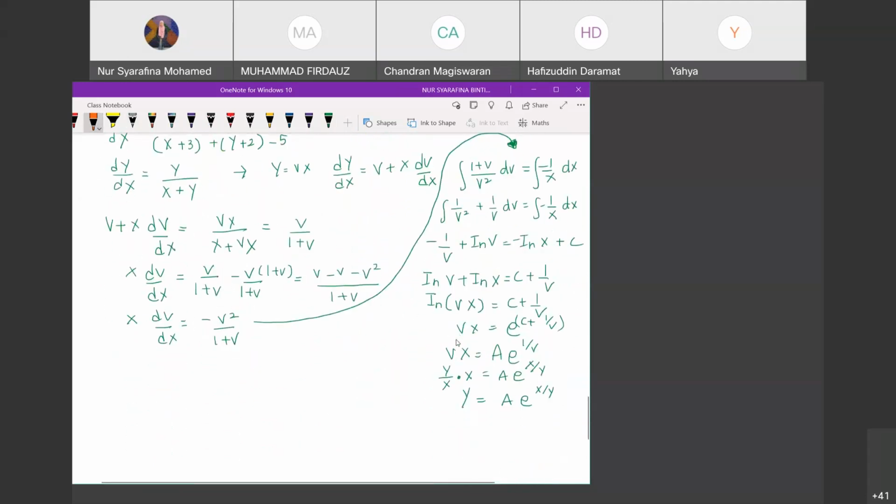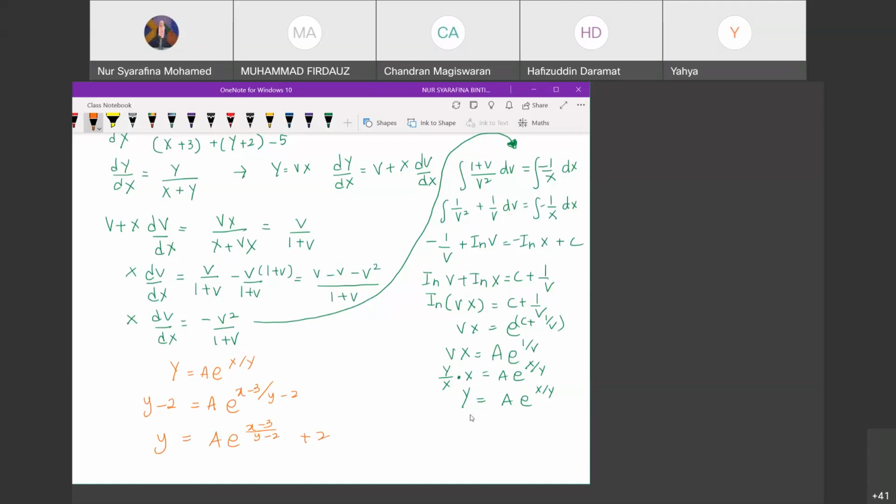So substitute back here. y minus 2 equals A e to the power of (x minus 3) over (y minus 2). So y equals A e to the power of (x minus 3) over (y minus 2), plus 2. So this is how you find the solution.